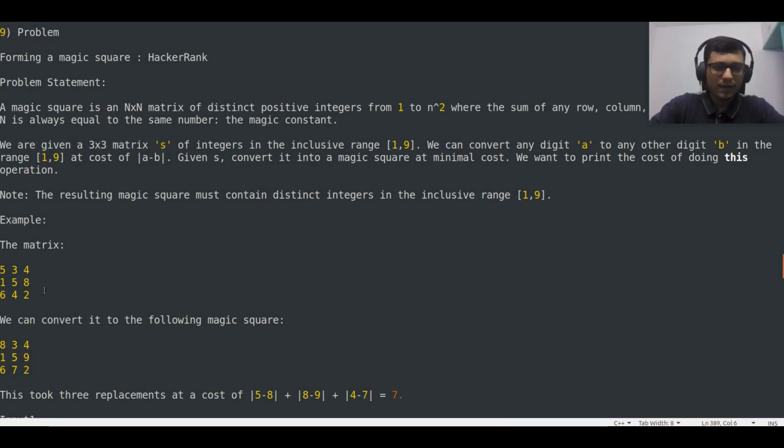So we can convert this input matrix into a magic square at cost 7.